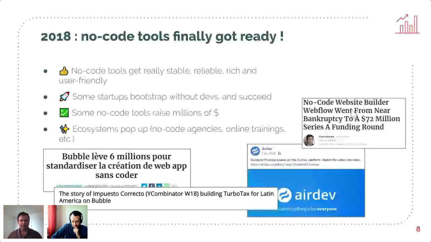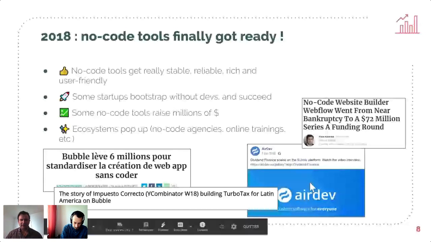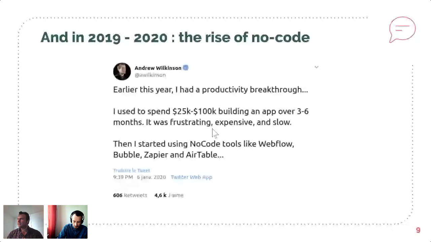So they recruited, they got stronger, they got many users, and ecosystems began to pop up. No-code agencies, online training, etc. For example, AirDev, you can see on the lowest right side. Then we said to ourselves, let's go on no-code, now it's ready.